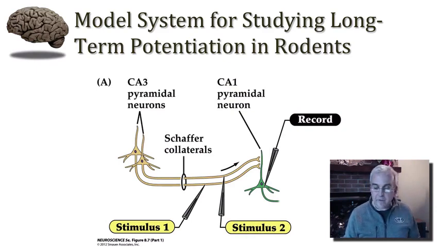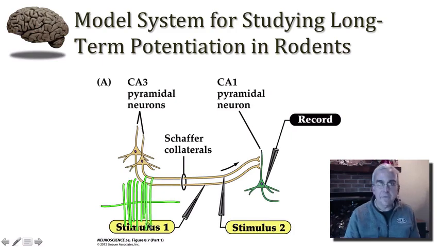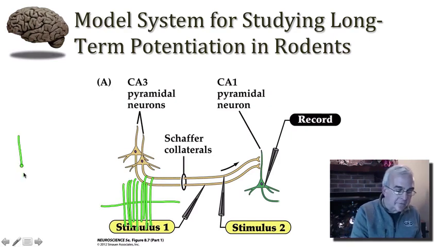And the experiments that I'd like to tell you about are as follows. A particular microelectrode that is positioned along this pathway is going to be stimulated. So over time, there may be a brief barrage of electrical pulses applied. This may last just a couple of seconds at a very high frequency. And this is called a tetanus.